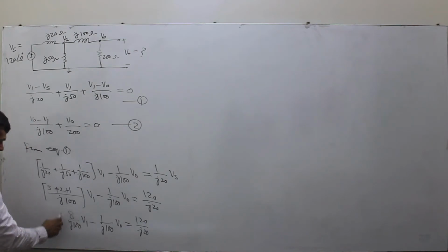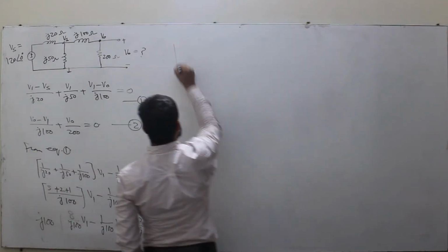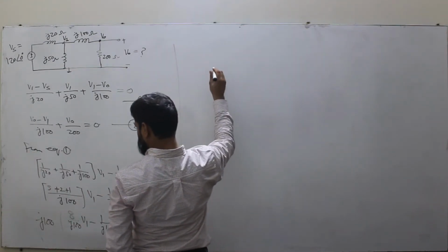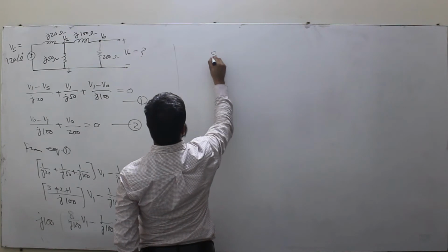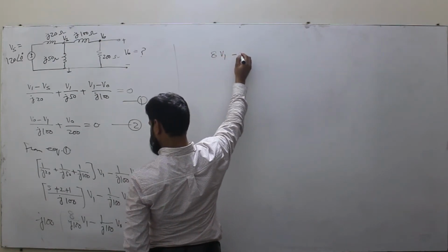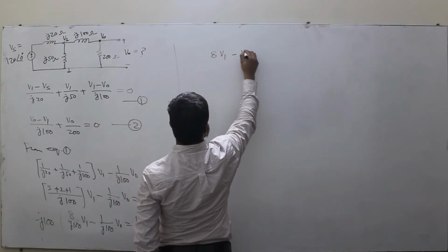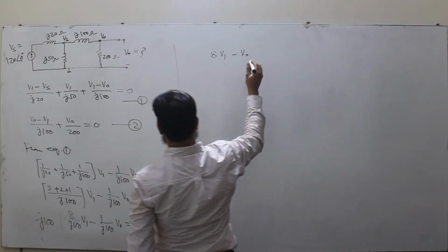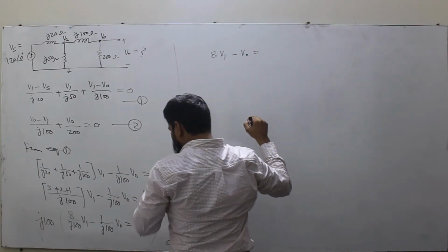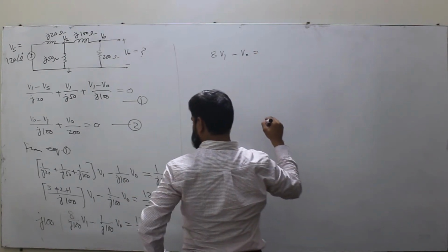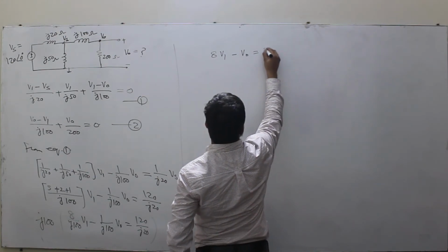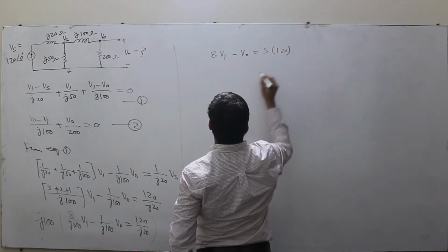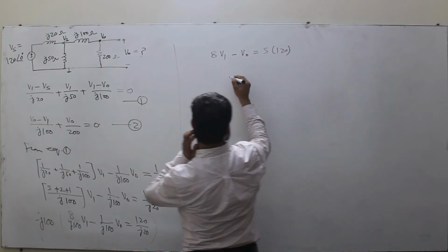You can multiply both sides with j100, and that will give us 8 V1 minus V0 is equal to 5 into 120, which is 600.